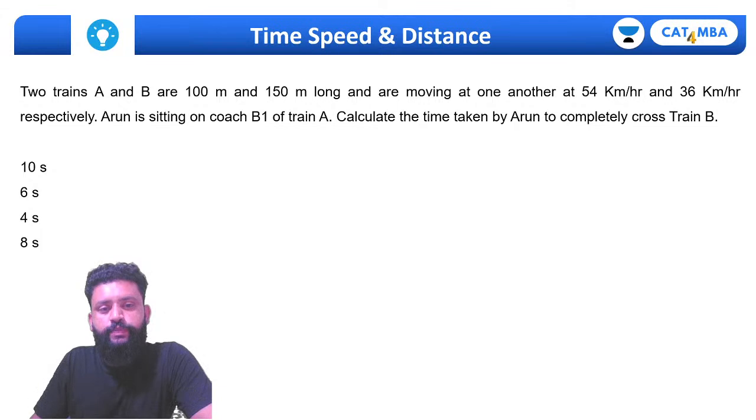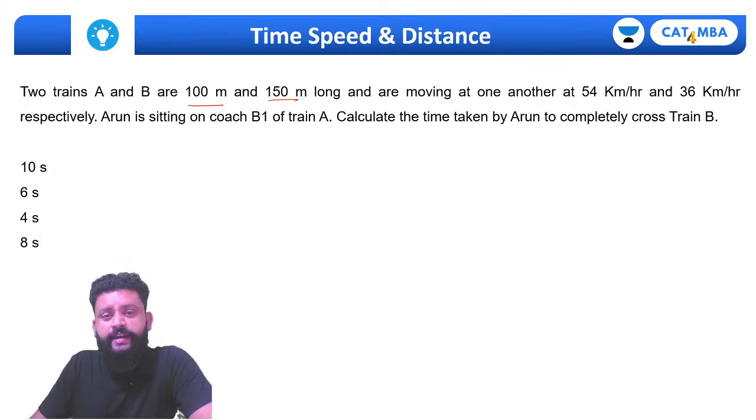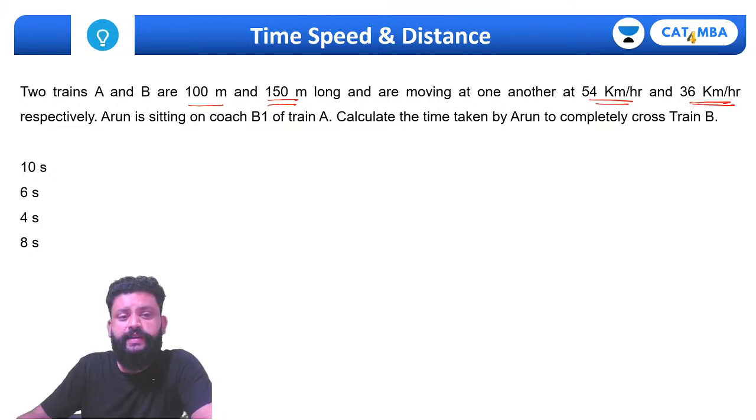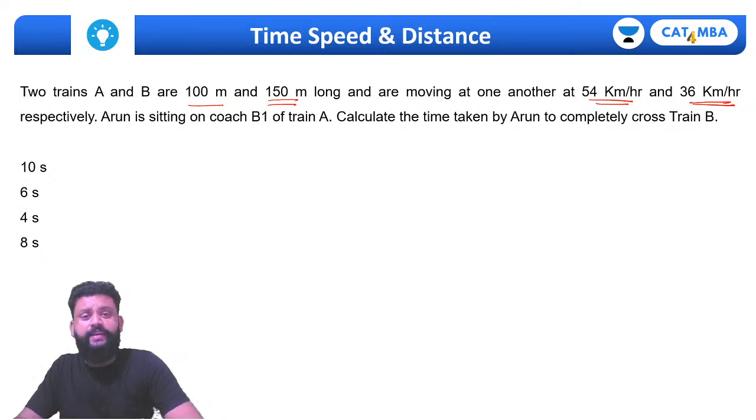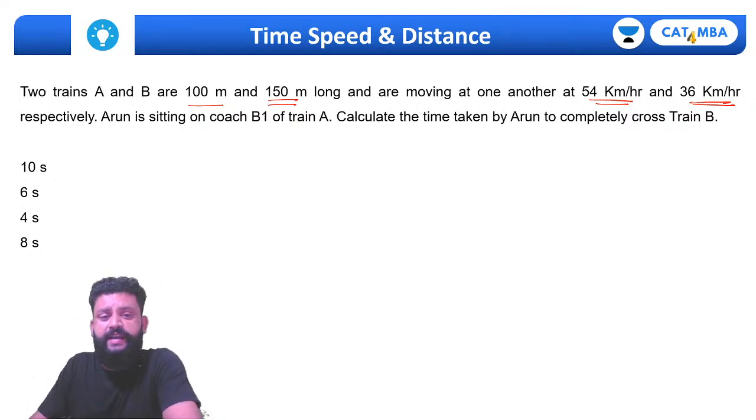Two trains A and B are 100 meters and 150 meters long and are moving toward one another at 54 km/h and 36 km/h respectively. Arun is sitting in coach B1 of train A. Calculate the time taken by Arun to completely cross the train. So train A is 100 meters.